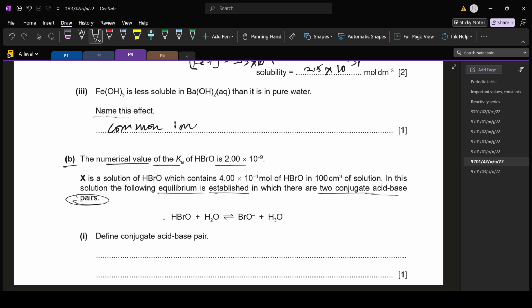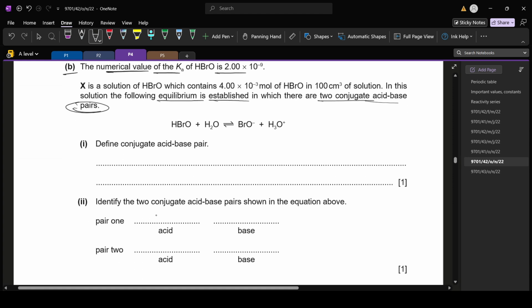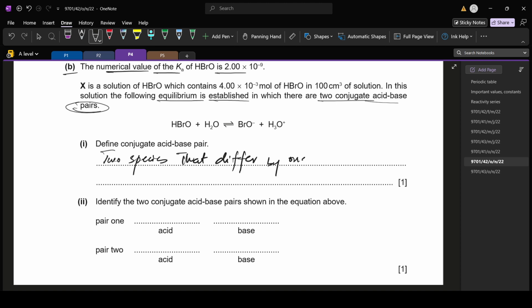It is the 2 species that differ by 1 H plus ion. Now identify the 2 conjugate acid base pairs shown in the equation above.